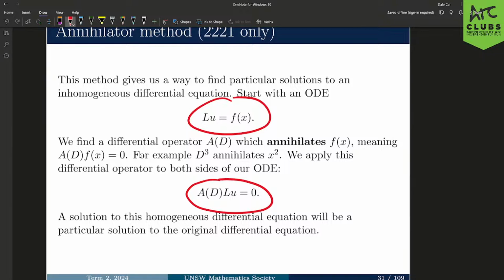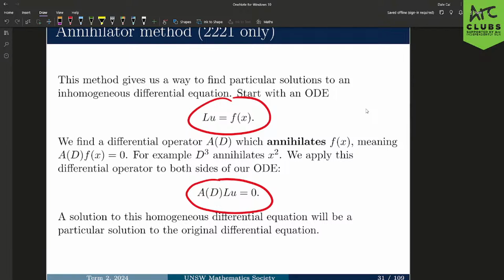They gave us an example. If the right-hand side was x squared, then if we apply D cubed to it, D cubed will annihilate it, because if you differentiate it 3 times, it goes to 0. Another example is if you have e to the x on the right-hand side, and you apply D minus 1 to it, D minus 1 annihilates e to the x, because if you differentiate it and then subtract it from the original, you get 0.